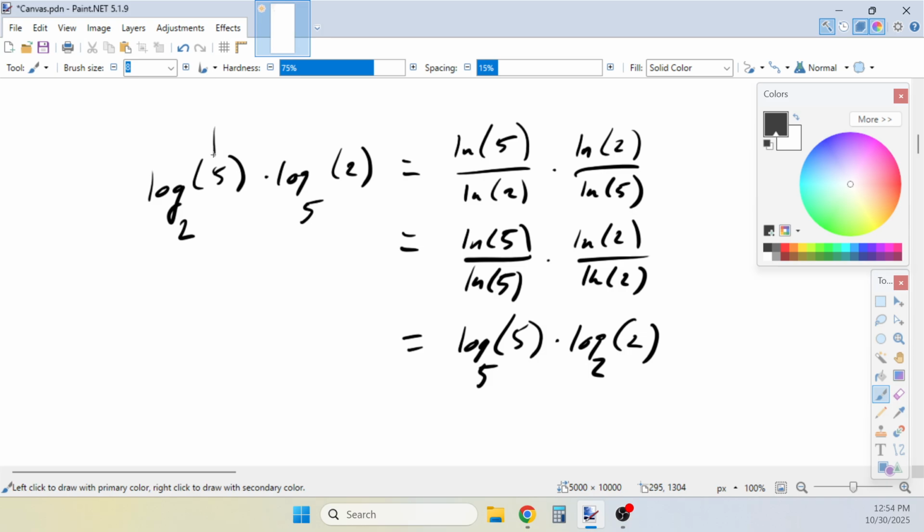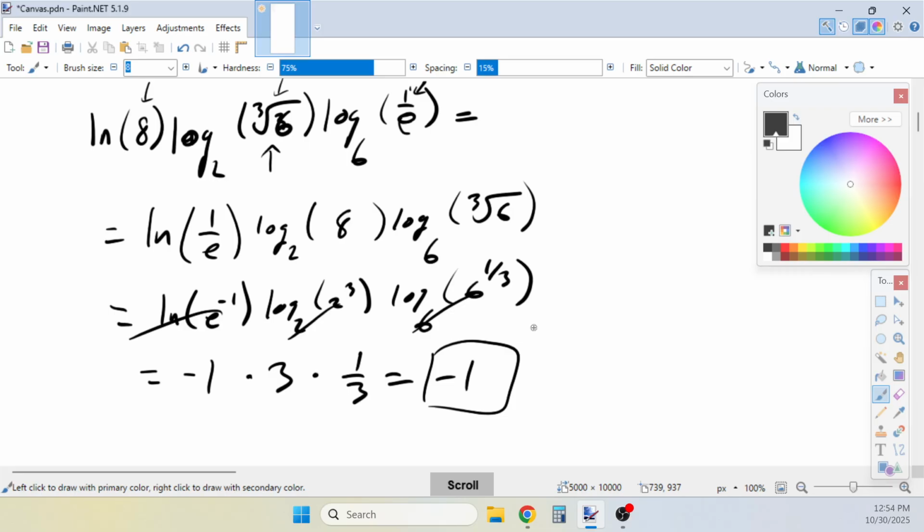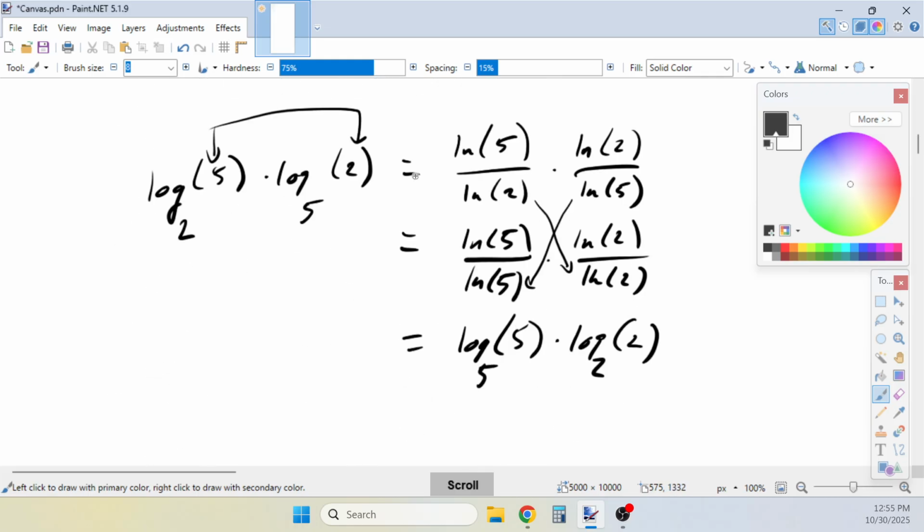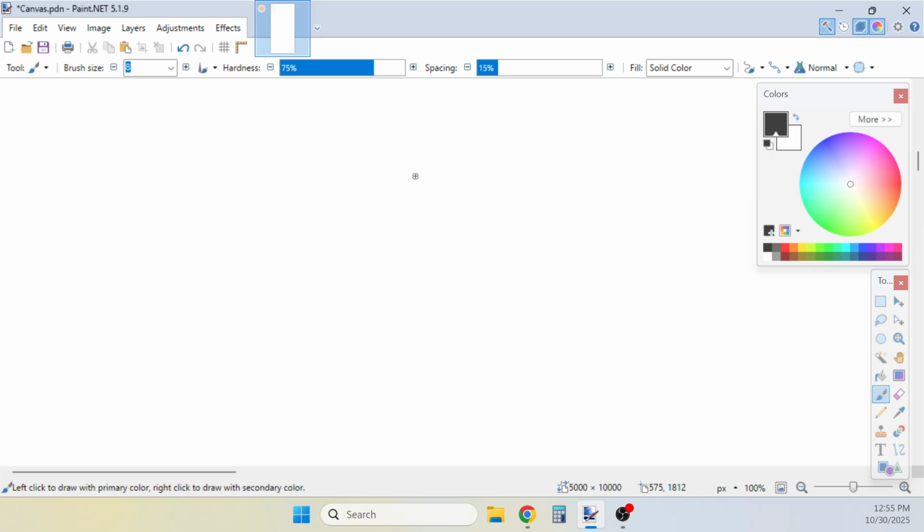I've just essentially swapped because I'm able to. That's what's going on here, except it's with 3 logarithms. This one goes into that one, goes into that one, and we get the logarithm of the exponent. I do like putting it on the midterm.